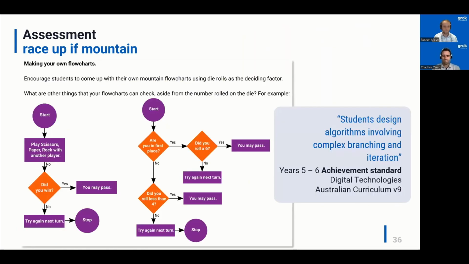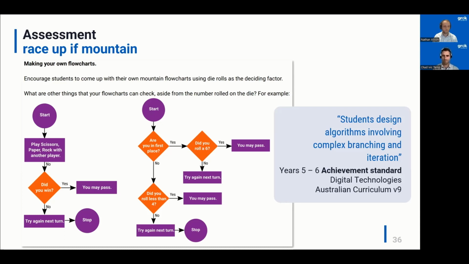Okay, so regarding assessment, in grade 5 and 6, we're trying to encourage students to create their own algorithms. So the rolling of the dice may or may not be the deciding factor. They could come up with a different little mini game, like rock, paper, scissors. Or, you can see the one on the right, are you in first place?